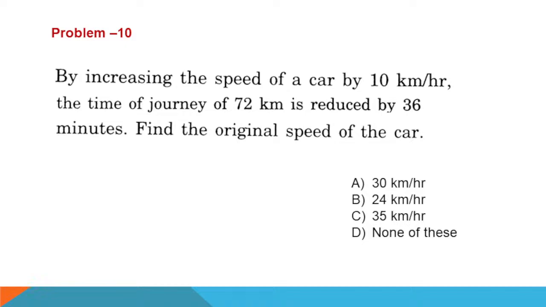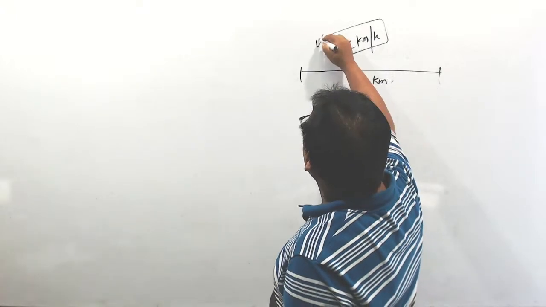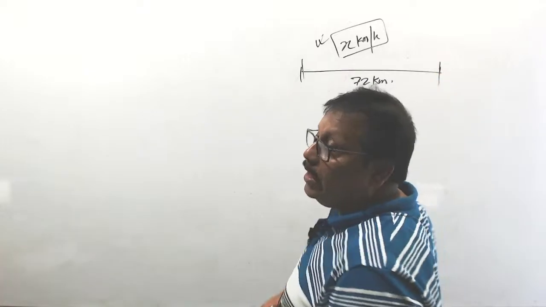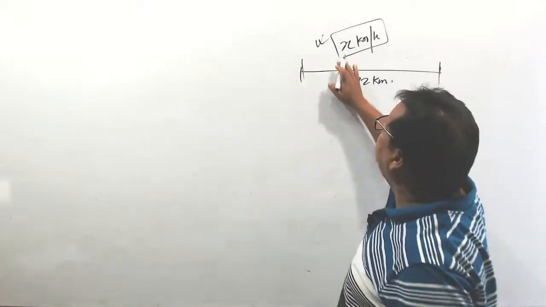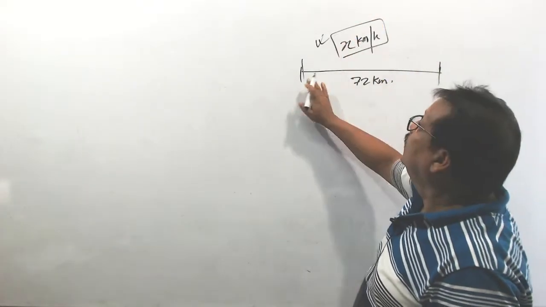So let us assume the original speed of the car is x kilometer per hour. This is the original speed of the car. Understood? The original speed of the car is x kilometer per hour and the distance of 72 kilometer is covered at x kilometer per hour. This is the normal speed of the car.